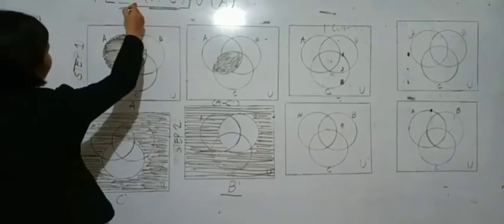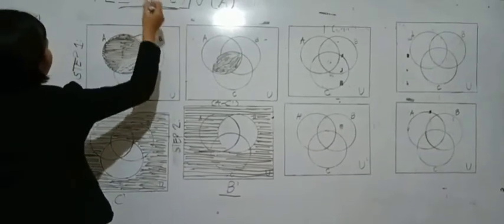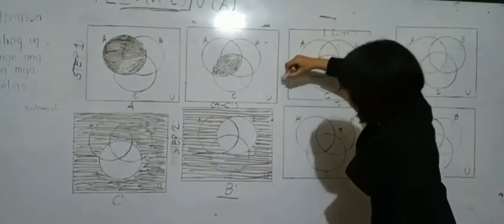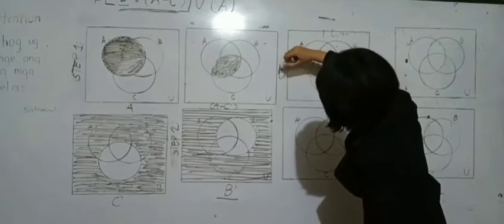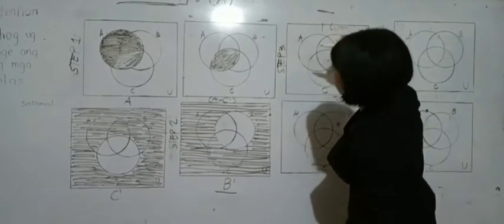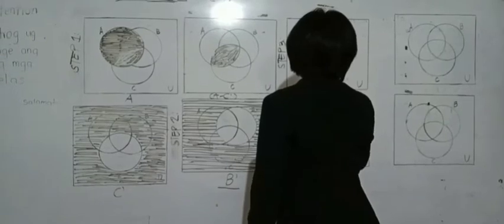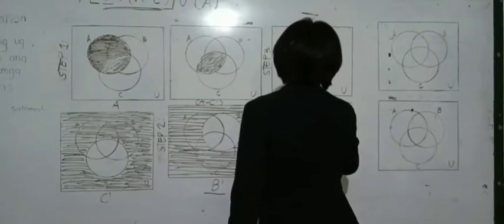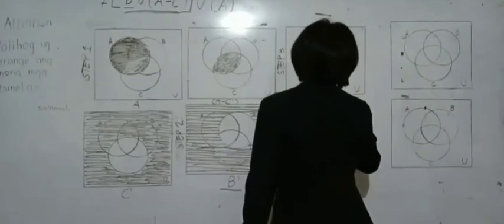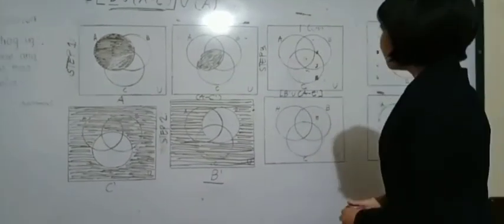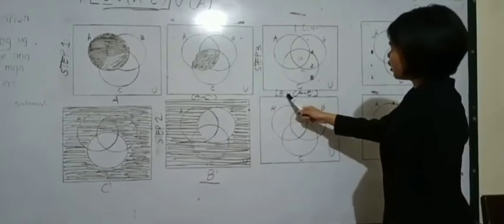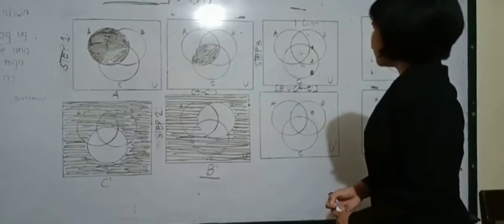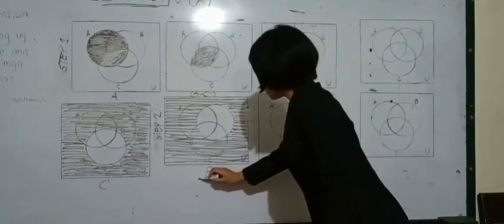Next, we are going to find B prime union A minus C prime. This is step 3. So, B prime union A minus C prime is all of the shaded sets in B prime.